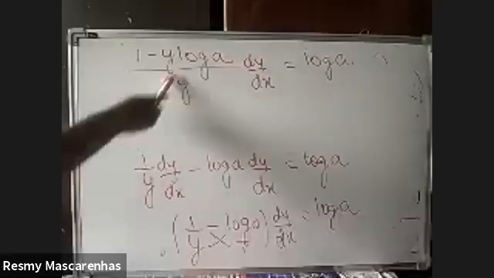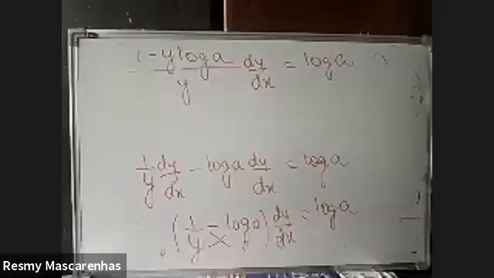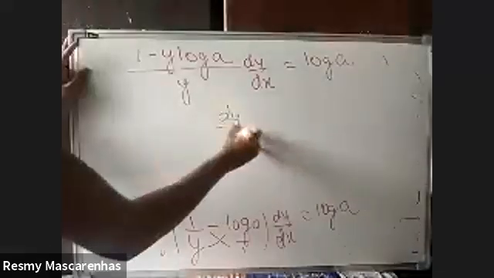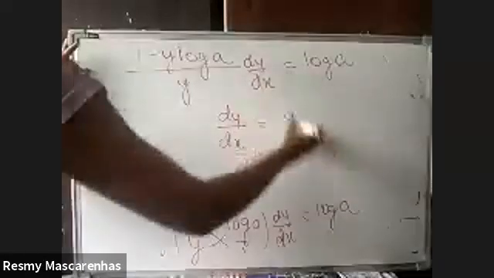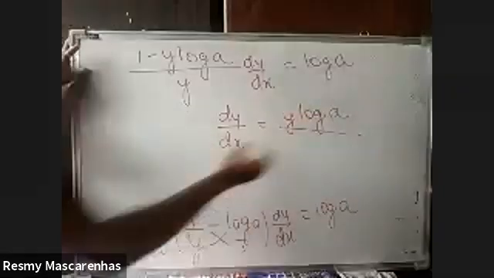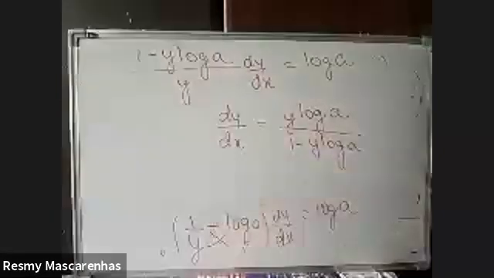The denominator from here will go to the numerator, and here the numerator will become the denominator. This will be y log a, which is what has been asked. So I got the answer.